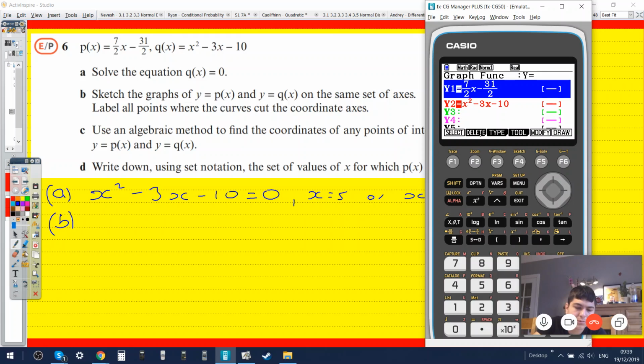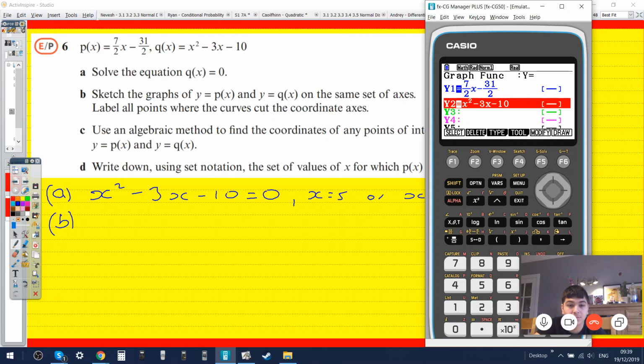Okay, so find the different values. Oh, it's this x. That's what it is. That's 3x. So what else do you need? What do you need to say?